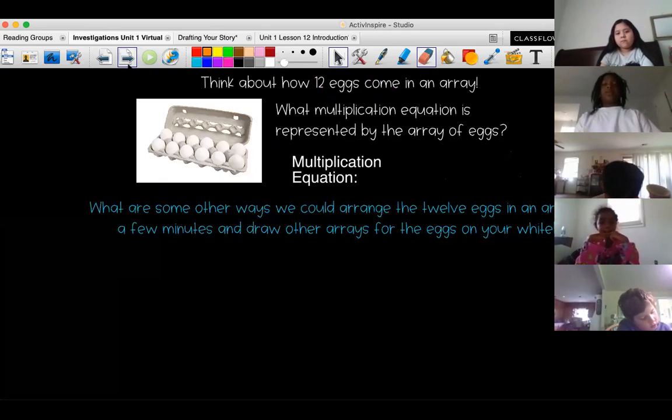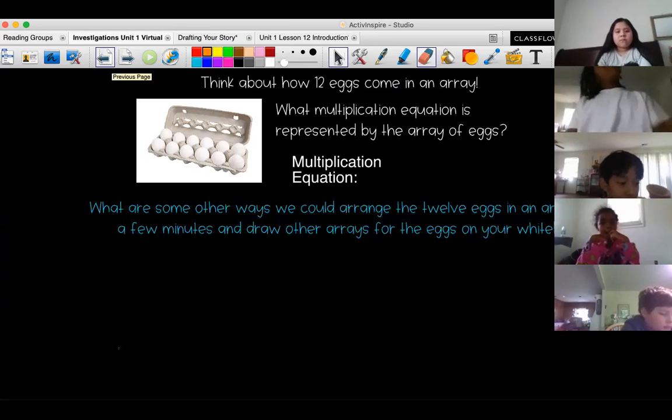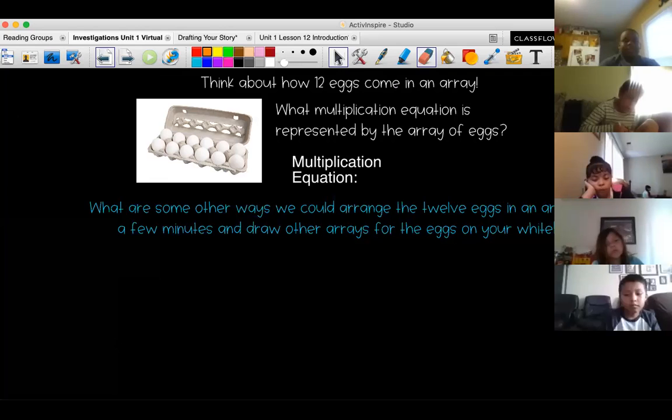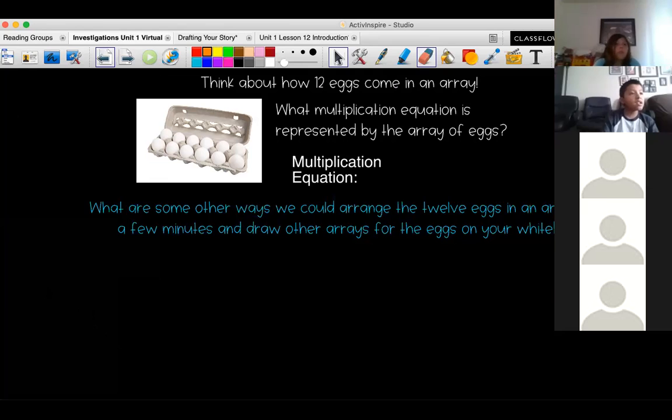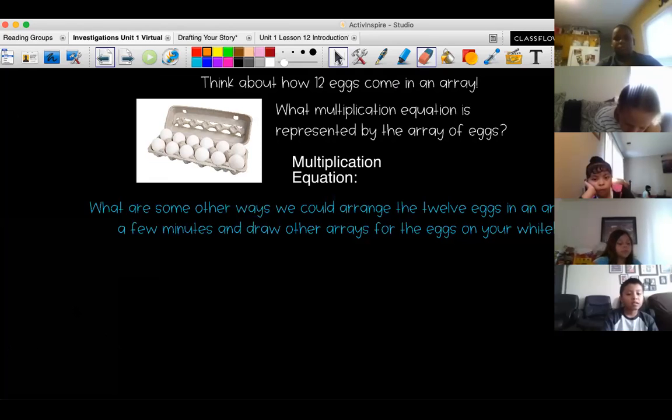Okay, so first, we are going to look at this carton of eggs as our array. Can someone raise their hand and tell me what multiplication equation this would represent?